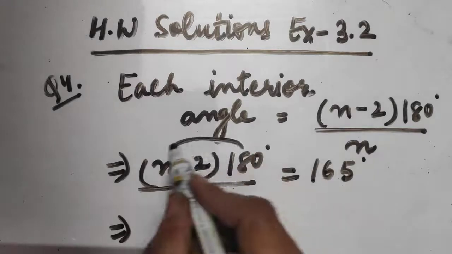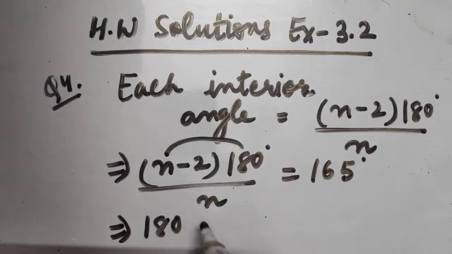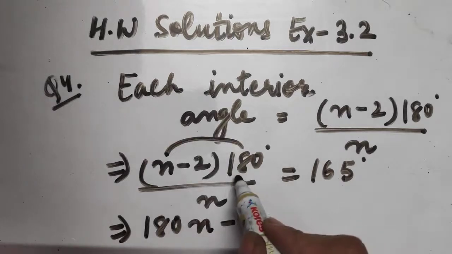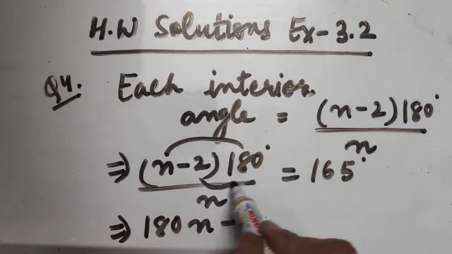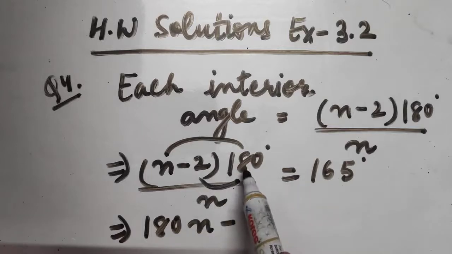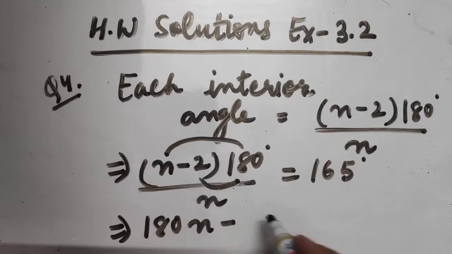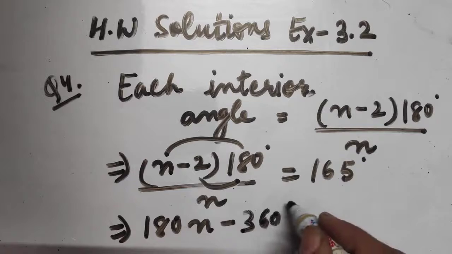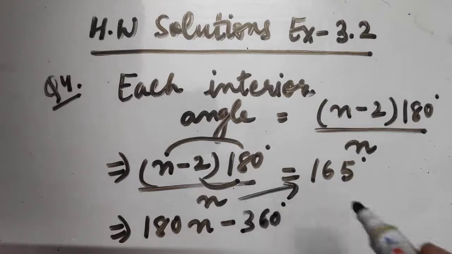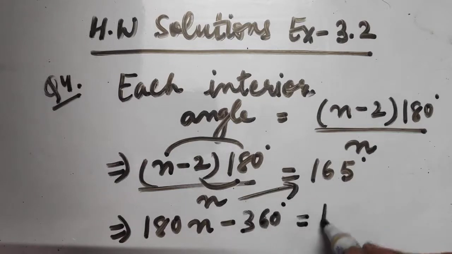So this 180 will be divided by n, so it will be 180n minus 180 will be multiplied by 2, so it will be 360 degrees, and this n will be shifted to this side, so it will be 165n.